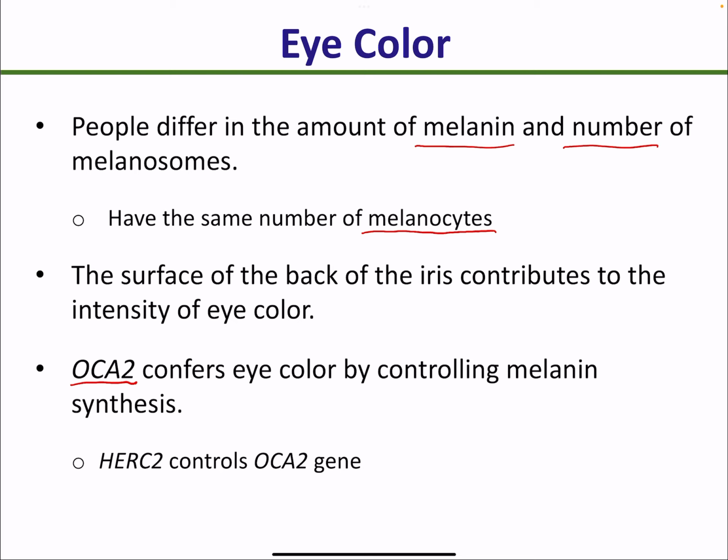However, the gene OCA2 is controlled by another gene that is called HERC2. HERC2 and OCA2 are two neighboring genes on the same chromosome.